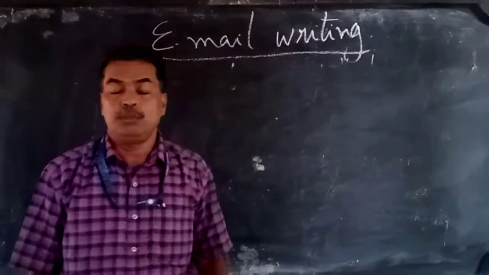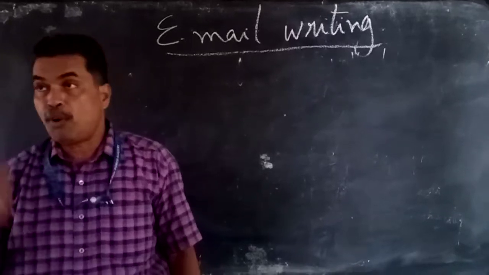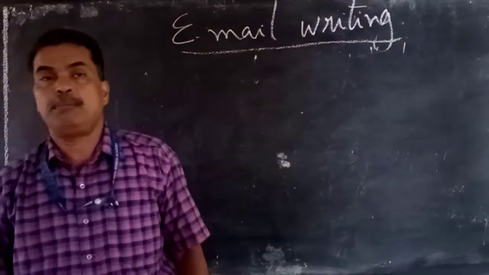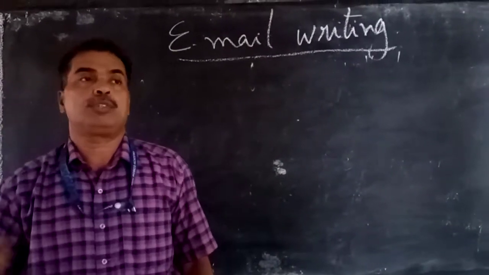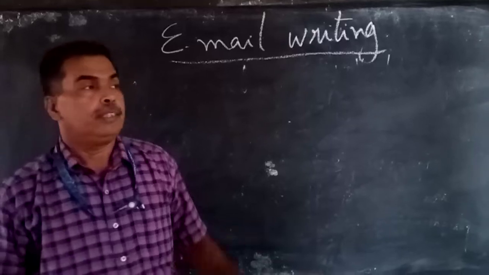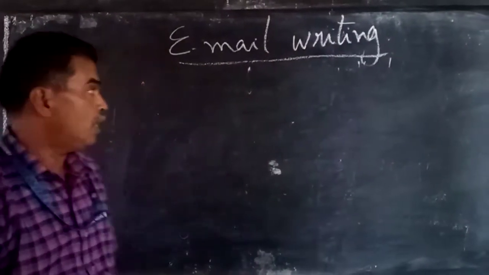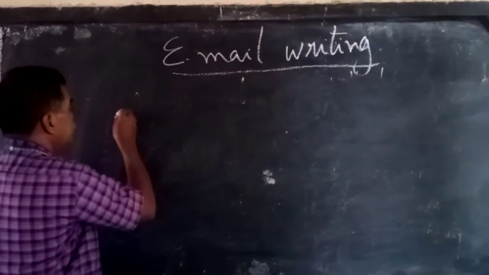Now I am going to write an email to the municipal commissioner informing him about the flood relief camp that will be organized in our school by our school, and requesting him for certain suggestions if he would like to give. So let's say the email ID is to be written first.